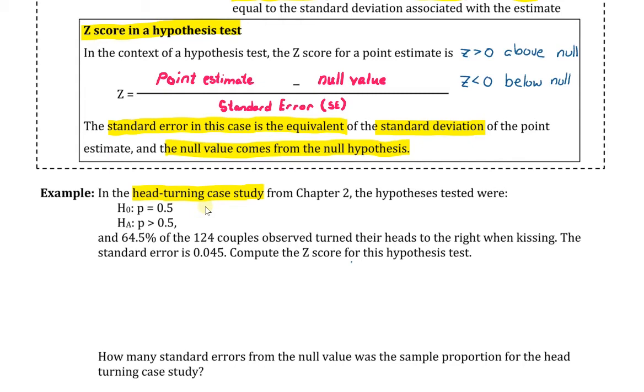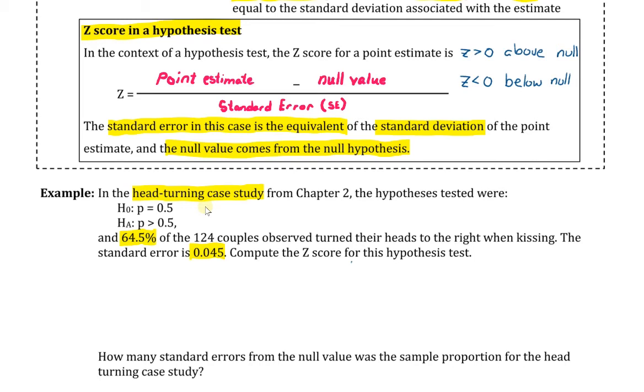In the case study, we were given that 64.5% of the 124 couples observed turned their heads to the right when kissing. The standard error is given as 0.045. Let's compute the z-score for this hypothesis test.